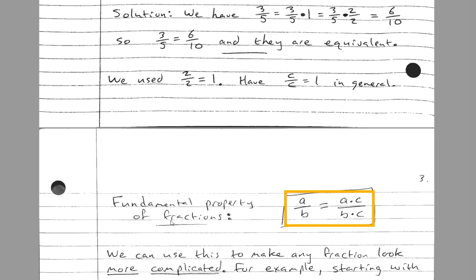Okay, so we have the fundamental property of fractions. The fraction A over B is equal to A times C over B times C. Again, it just follows because if you separate this out as A over B times C over C, C over C is just 1.